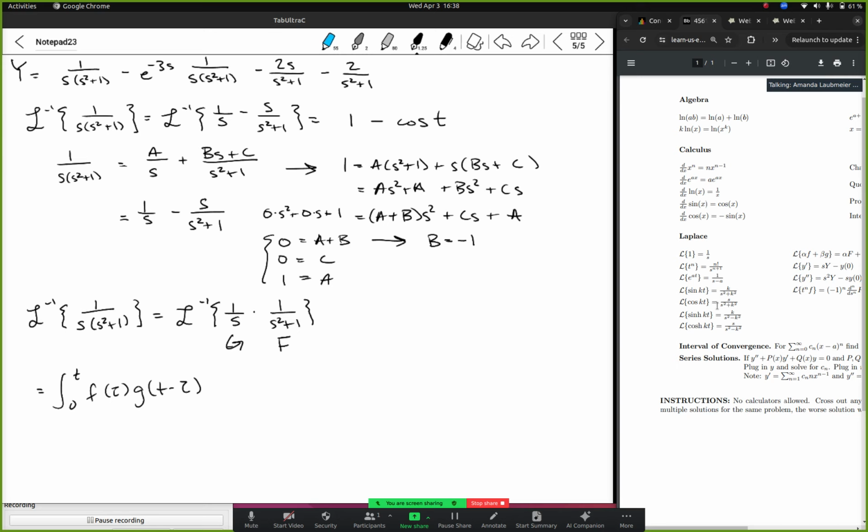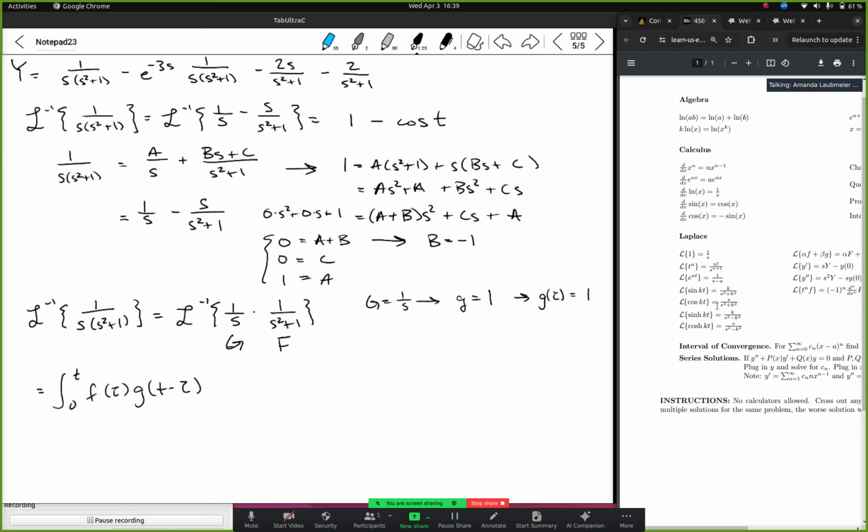So you don't have to worry about the weird looking t minus tau if g is a constant. In that case, g equal 1 over s means that g of tau is 1.